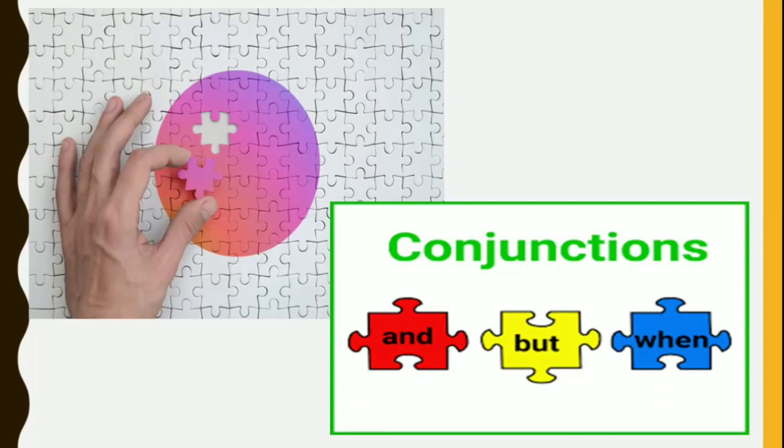This one piece is the one which will connect the first piece with the second one. If you place that piece in its position correctly, the puzzle will be completed. Similarly, conjunctions connect one part or word of a sentence to another to complete a sentence.